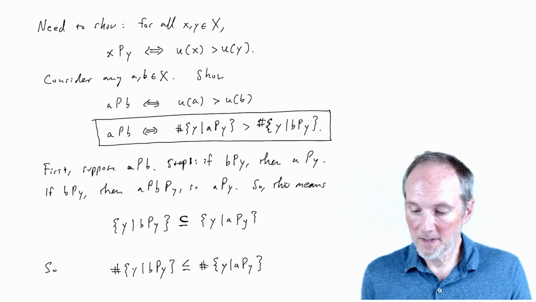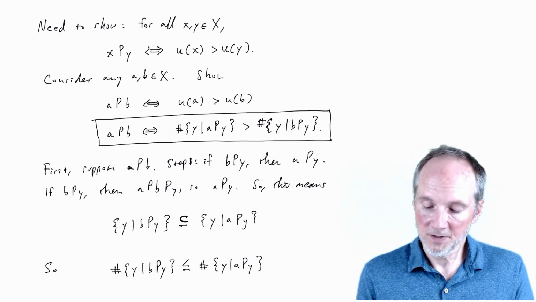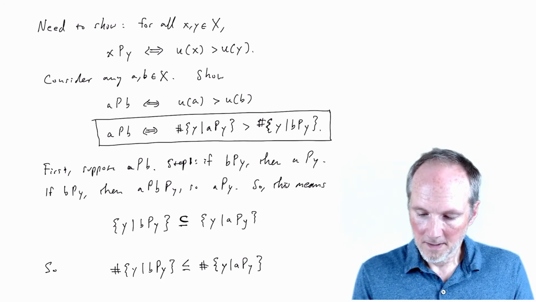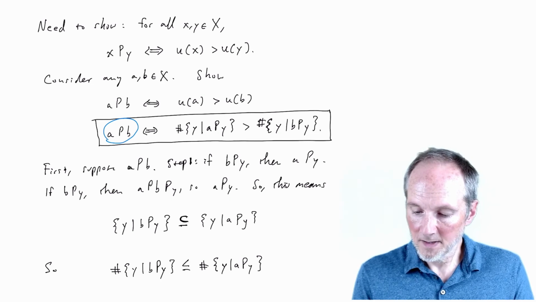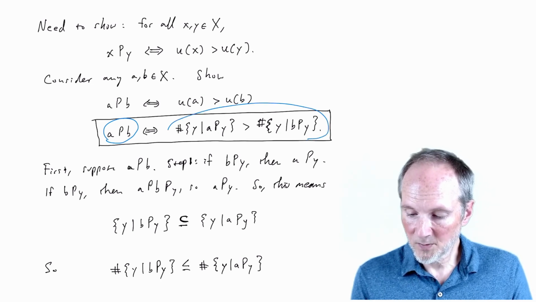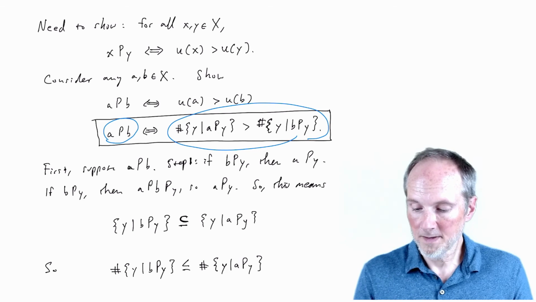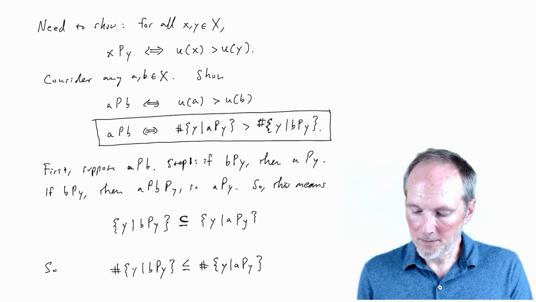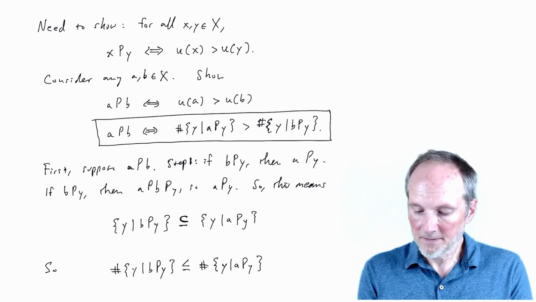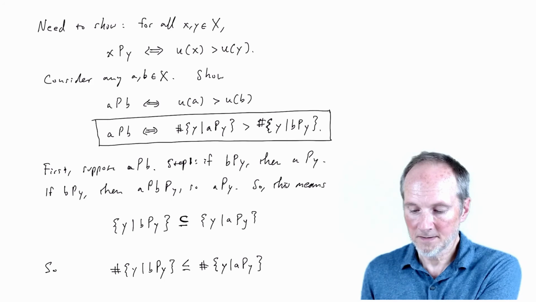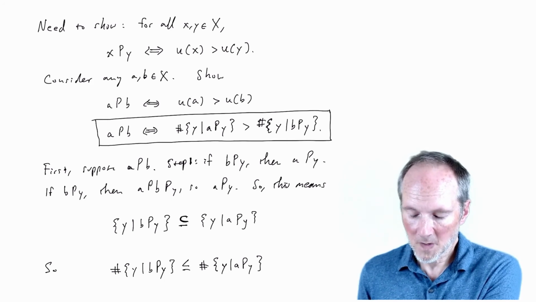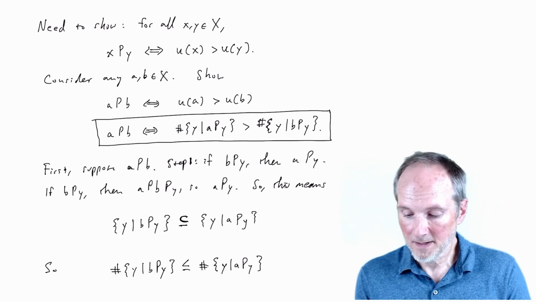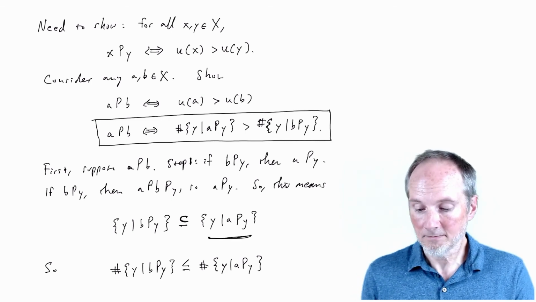But that's not quite what we need to show, all right? What we need to show is that if A is preferred to B, then there's strictly more things that are worse than A, okay? So we're almost there. We've shown that the set of things worse than B is contained in the set of things worse than A. Now we just have to show that there's at least one extra thing worse than A, right?